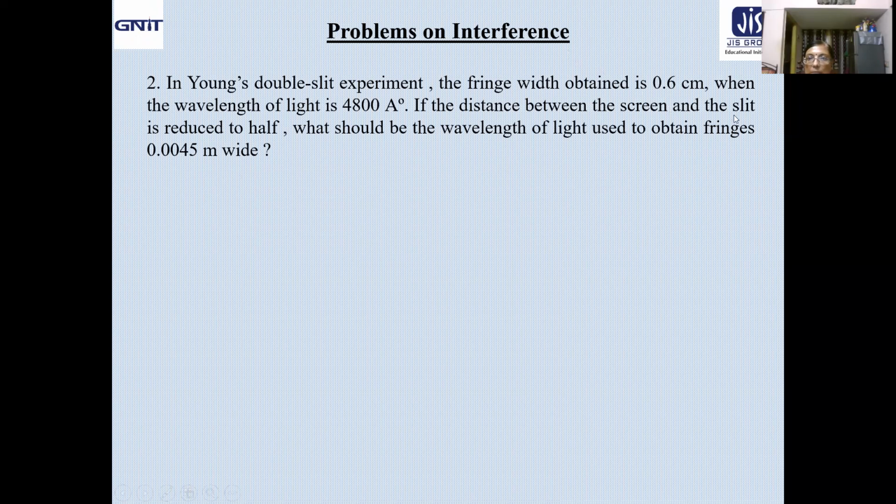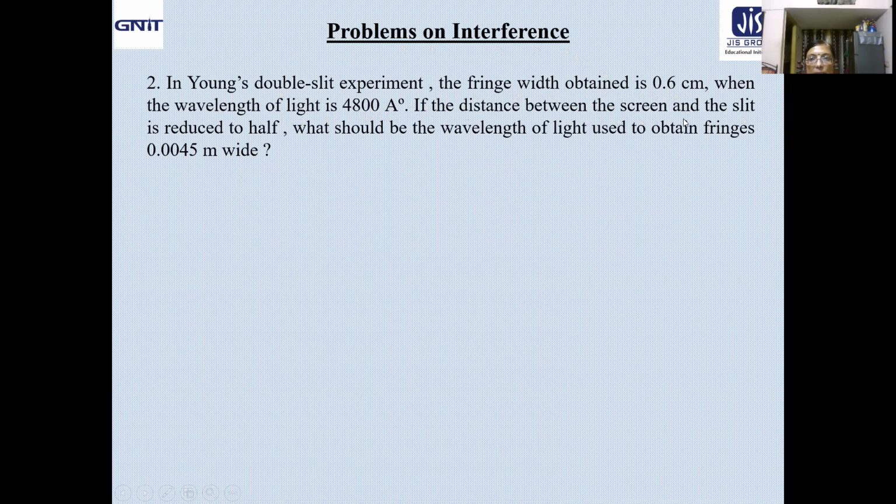In Young's double slit experiment, the fringe width obtained is 0.6 centimeter when the wavelength of light is 4800 angstrom. The fringe width, that is beta, is 0.6 centimeter when the wavelength is 4800 angstrom.